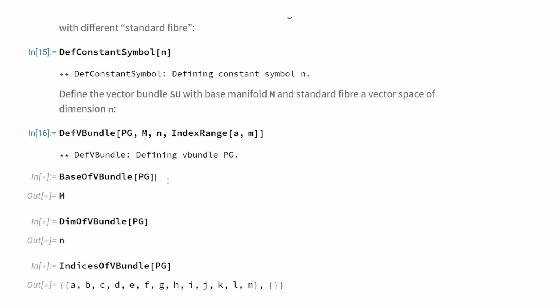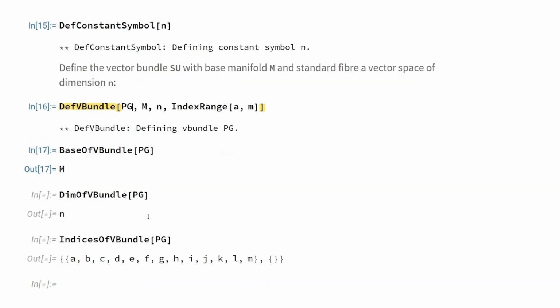And okay, so we can check that all the ingredients that are needed for the definition of a vector bundle are present. So we have the vector bundle itself, the vector bundle manifold, the base of the vector bundle. We have the dimension of the standard fiber, and also we have the list of abstract indices that, as I said, is the mark or token that tells us that this is a vector bundle.